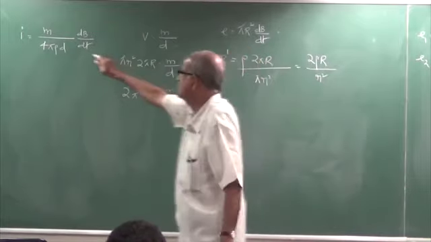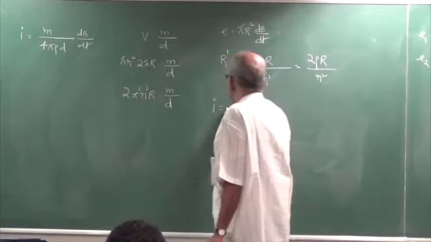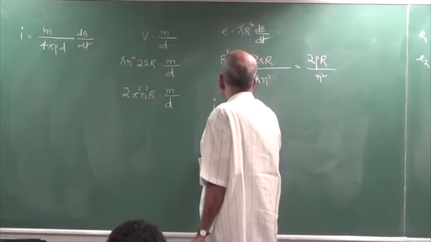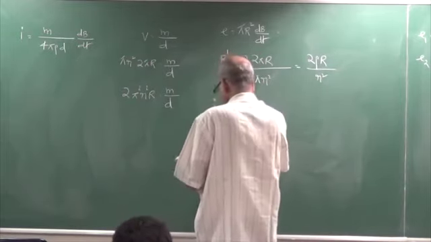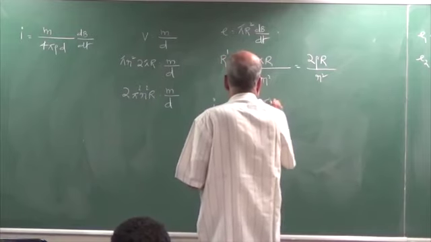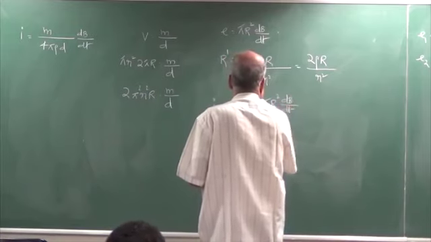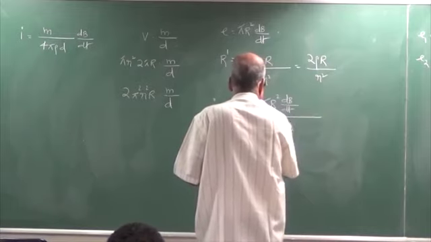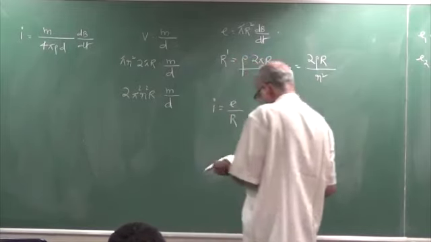See, it does not depend on small r as well as capital R. I is equal to E by R. What is E? Pi R squared dB by dt. What is R? 2 rho R by r squared.